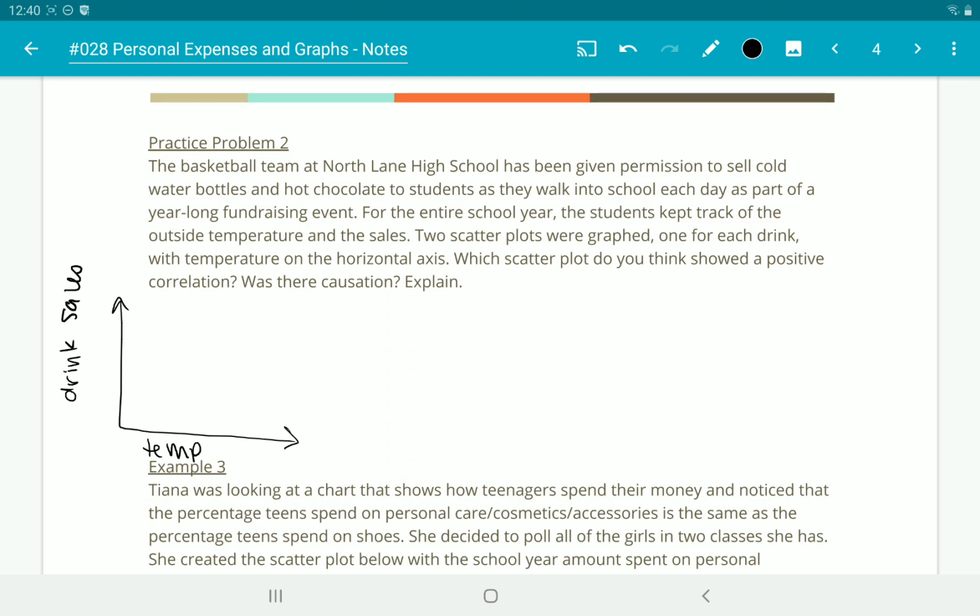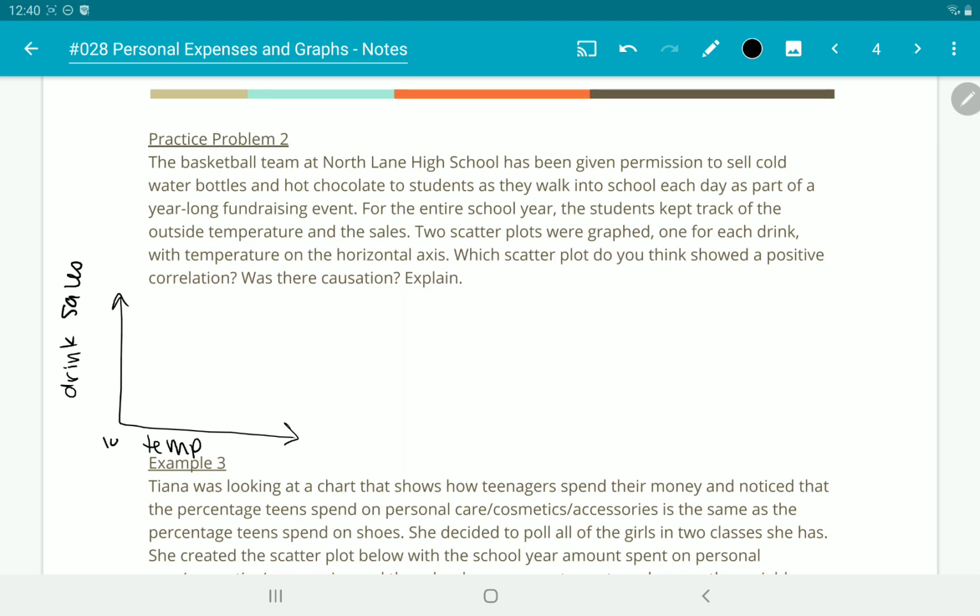So which plot do you think showed a positive correlation? So if the temp is low, you'd think you'd have more drink sales for hot chocolate, but as it gets hotter outside, fewer people will want hot chocolate. So that's the one for hot chocolate.